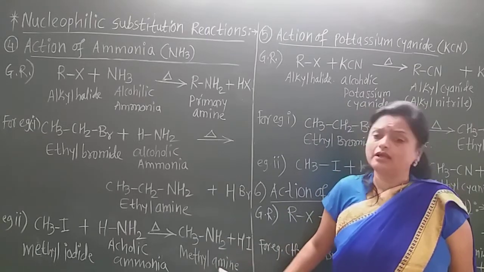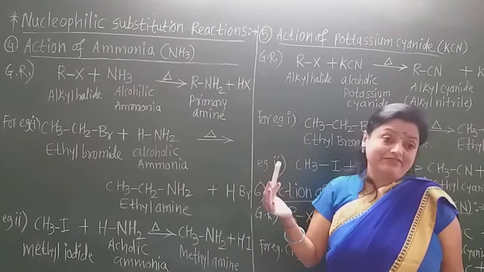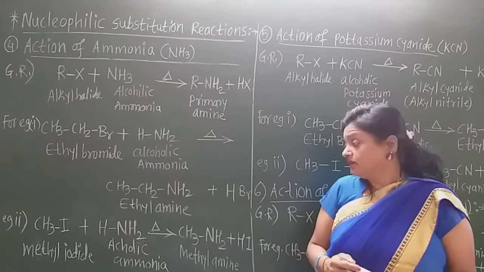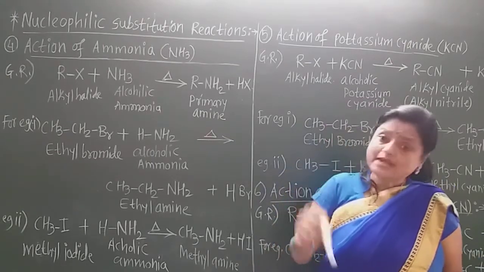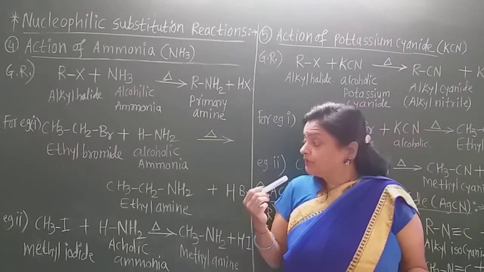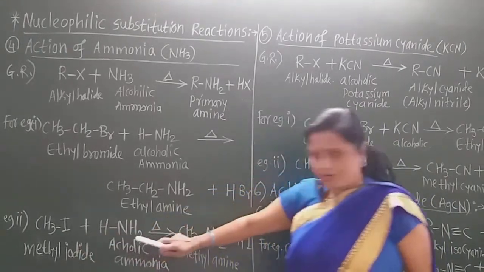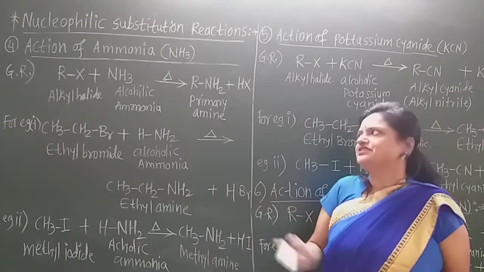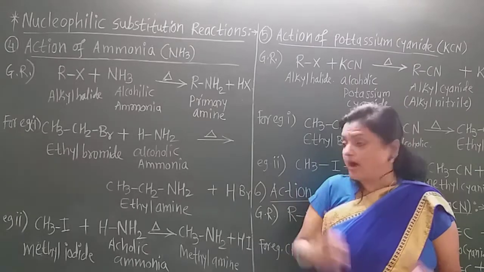This is also a primary amine. You can form any primary amine in this way. If they ask you in the examination how will you obtain propanamine, that is n-propylamine, from propyl chloride, then you take propyl chloride and ammonia, and there is formation of n-propylamine. In this way you must write down the balanced chemical reaction for the 2 marks.